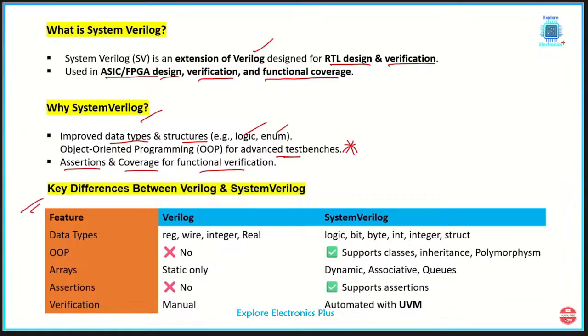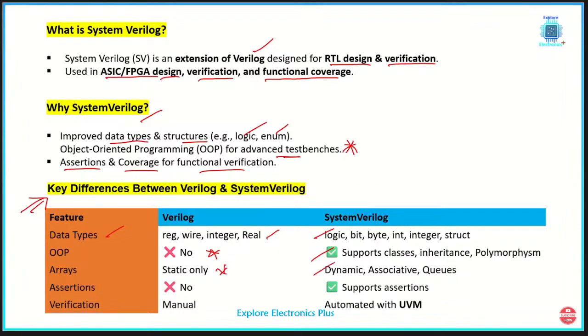If you look at the key differences between Verilog and System Verilog, the data types we have in Verilog are limited: reg, wire, integer and real type. In System Verilog we have logic, bit, byte, int, integer, struct as well. Verilog does not support OOPS functionality, and System Verilog supports all the OOPS functionalities like classes, inheritance, polymorphism, encapsulation, like that. Arrays are static in nature in Verilog.